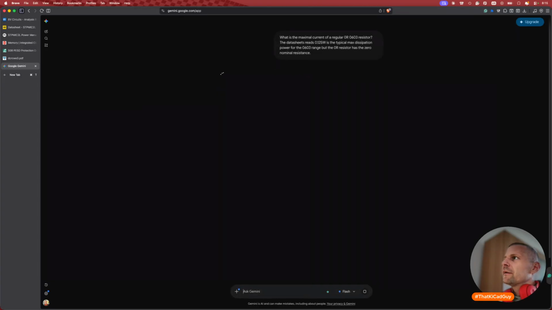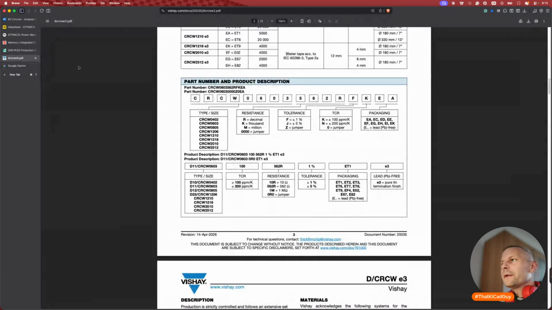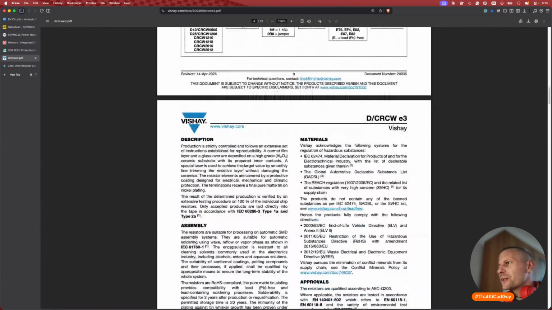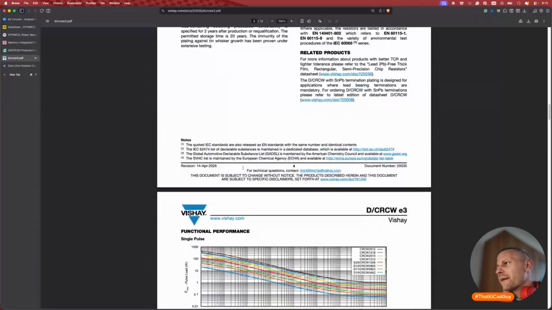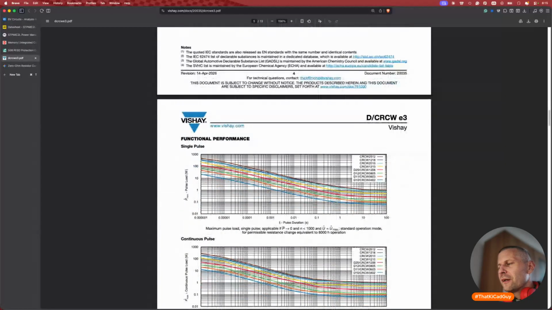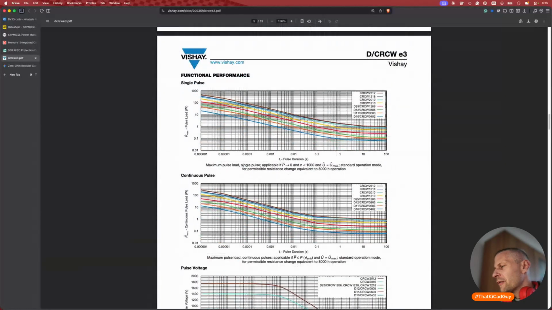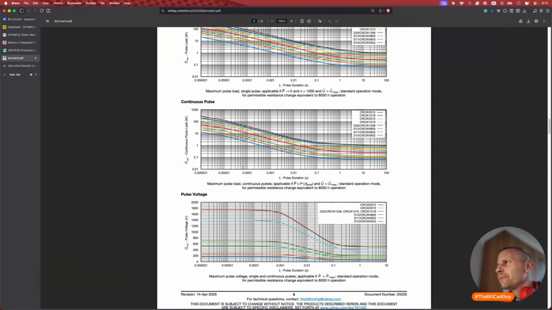So let's check what AI thinks about that. I don't know what the real 0 ohm resistor resistance is. I think like 10 milliohms. Yeah, there is a resistance of the connection, like soldering, pad to PCB, pad to component connection.